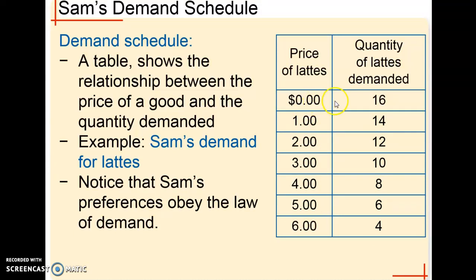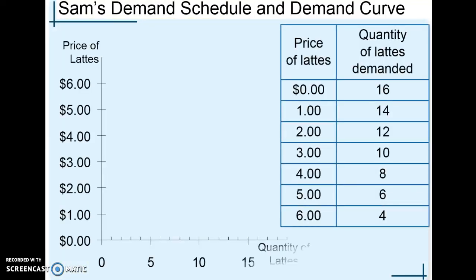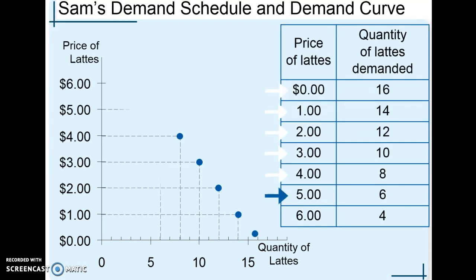If the latte is essentially free, Sam would consume 16 lattes. As the price goes up, at a price of $5, Sam would consume 6, and at a price of $6, Sam would consume 4. This chart is graphed here on what we call the demand curve.